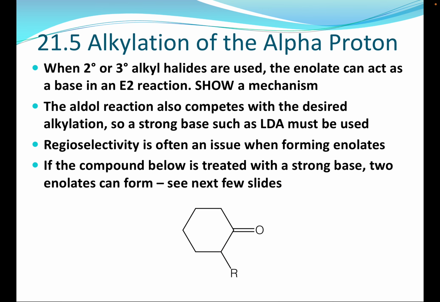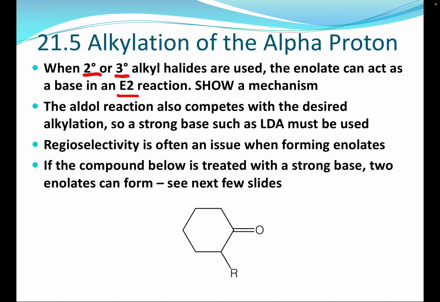So when we're using a secondary or tertiary, a bulkier alkyl halide, we'll often see that enolate act as a base instead of a nucleophile and do an elimination in that concerted E2 mechanism that we reviewed back in Organic 1. If you want to, you can practice doing an E2 mechanism using an enolate as a base. That would be a really great review getting ready for our final exam.